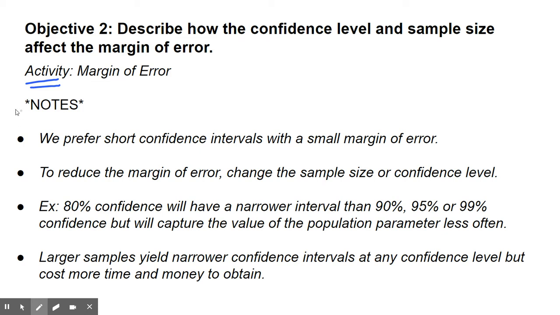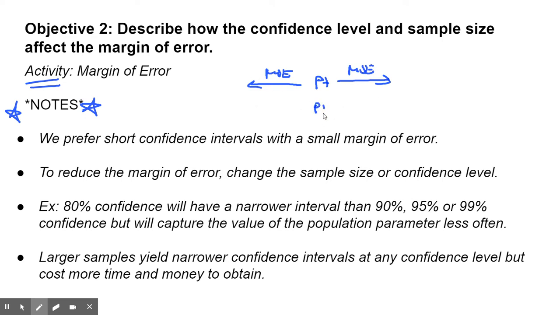All right, so now that you've returned, these 4 notes are so important in terms of margin of error. So first of all, we prefer short confidence intervals with small margin of error. Remember, your point estimate goes in the middle, and it is your margin of error, I'm going to call it the MOE, that controls how wide your interval is.